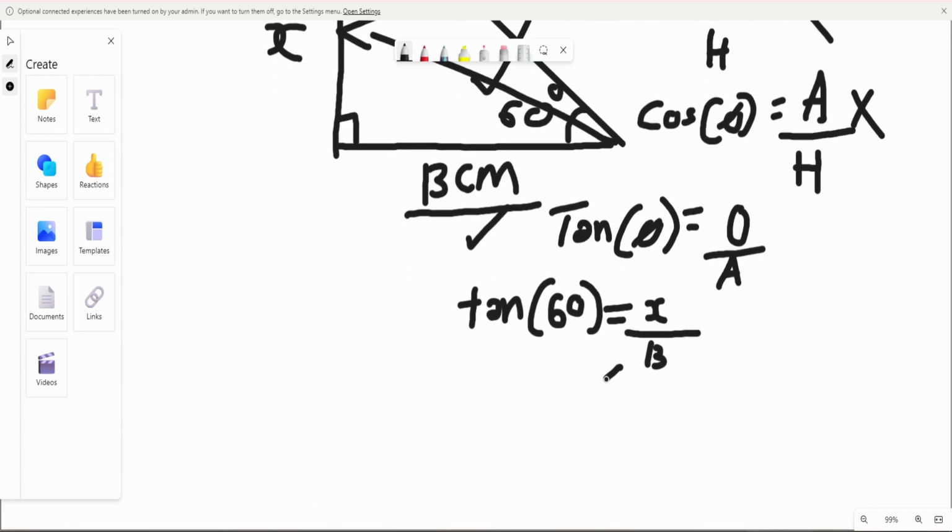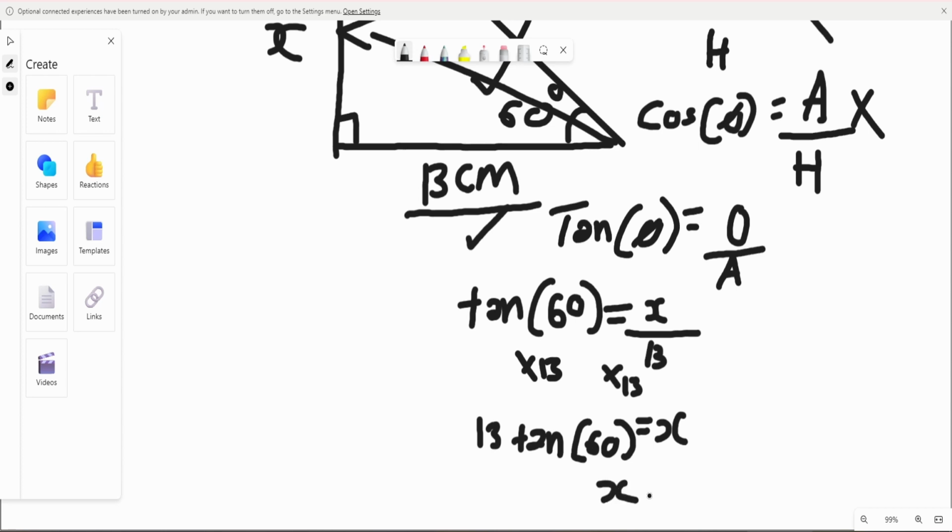We're going to multiply both sides by 13 to give us that x is equal to 13 tan of 60. Now, just plug this into a calculator and you will get your final answer of x equals 22.52 rounded.